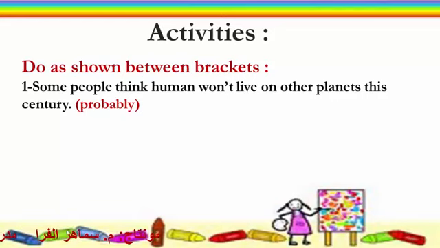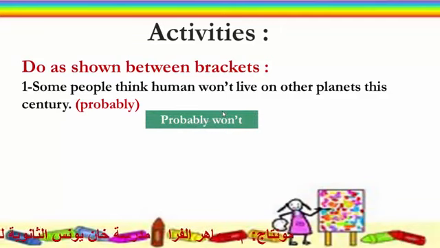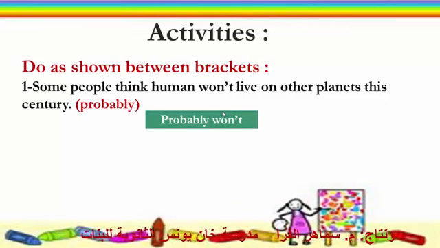Don't forget that we have a negative form here, won't. What will the answer be? Good. Probably won't. And so the statement will be: some people think humans probably won't live on other planets this century. And don't forget that the location of probably is always before will.